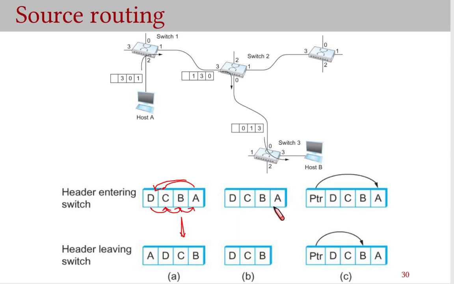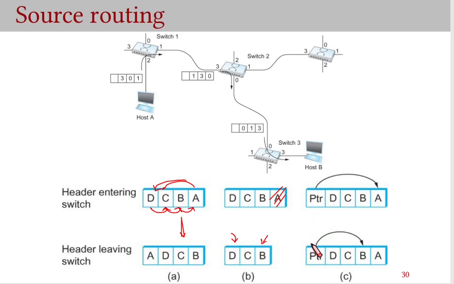In another approach, what we could simply do is that once the message is leaving the switch, the rightmost entry is removed, and so at the time of leaving the switch, the header would look like just this. So D C B is still the rightmost entry, the entry that the next switch is going to look at.